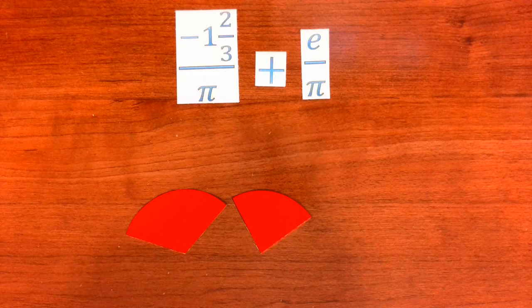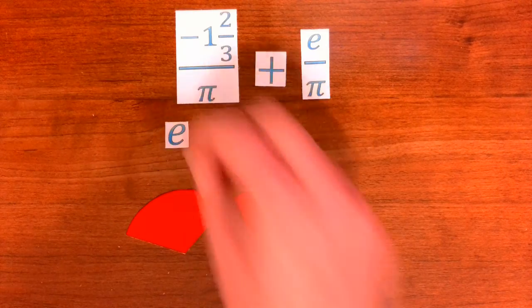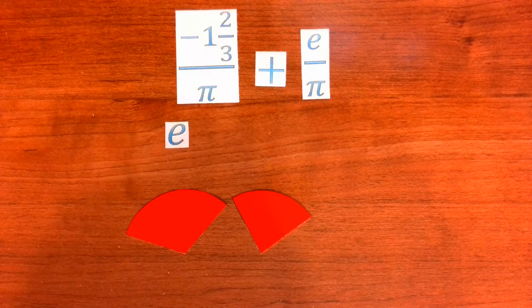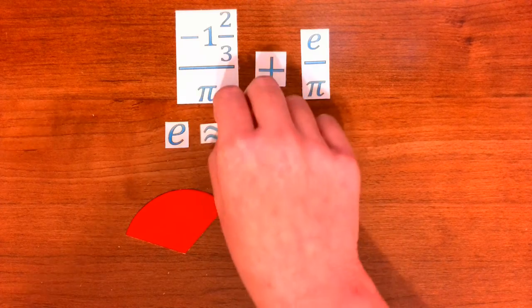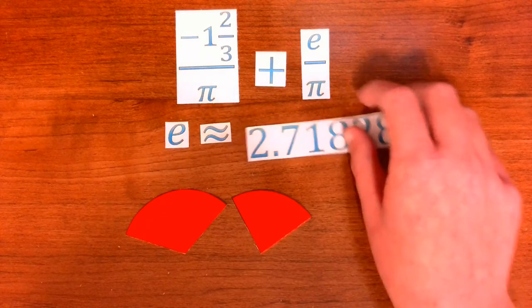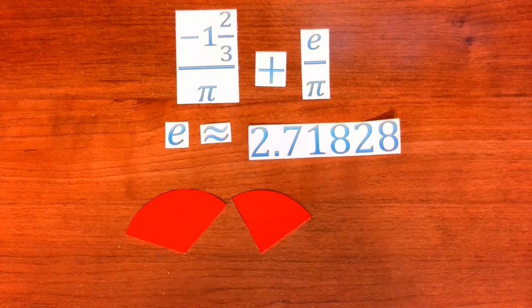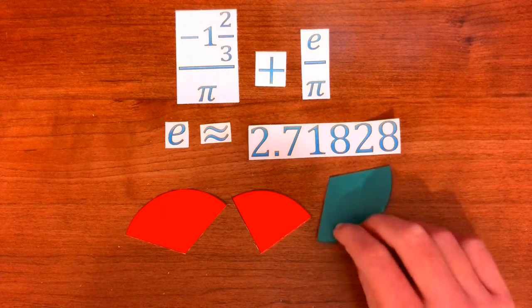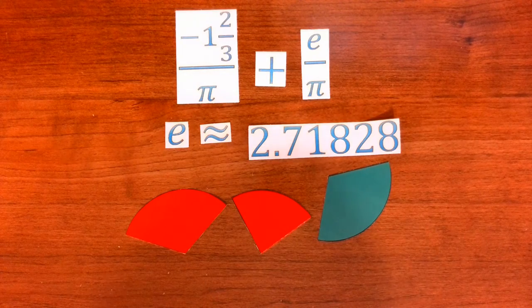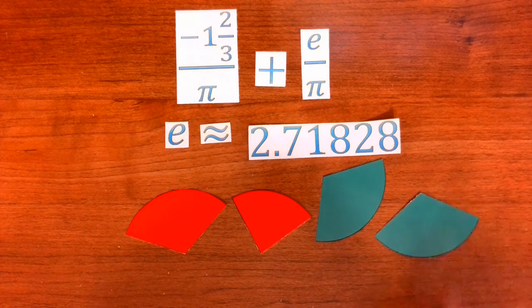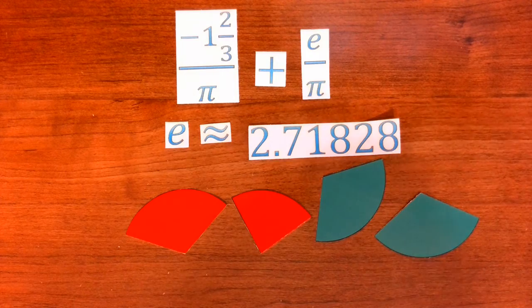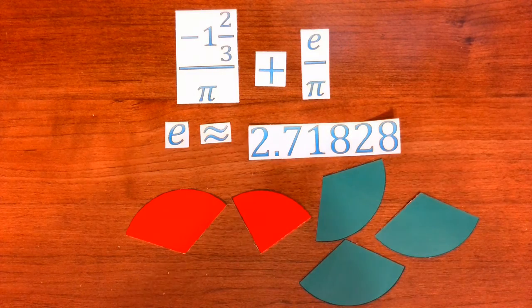Let's now get e over pi. Well, what is e? Well, e is another irrational number. It cannot be written as a fraction, and its value is approximately 2.71828. So let's get that many 1 over pi's. Well, here is 1 over pi, 2 over pi, so I need a little bit more, 3 over pi.